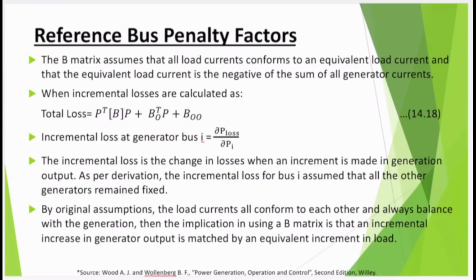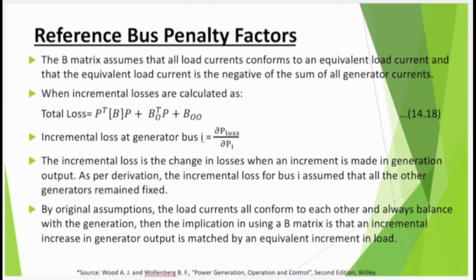Then the incremental loss at generation number i is dou P loss upon dou Pi, so those equations need to be differentiated with respect to Pi. The third element becomes 0, and the second element becomes a constant, and the first element becomes a power variable. Now the incremental loss is the change in losses when an incremental change is made in generation output.